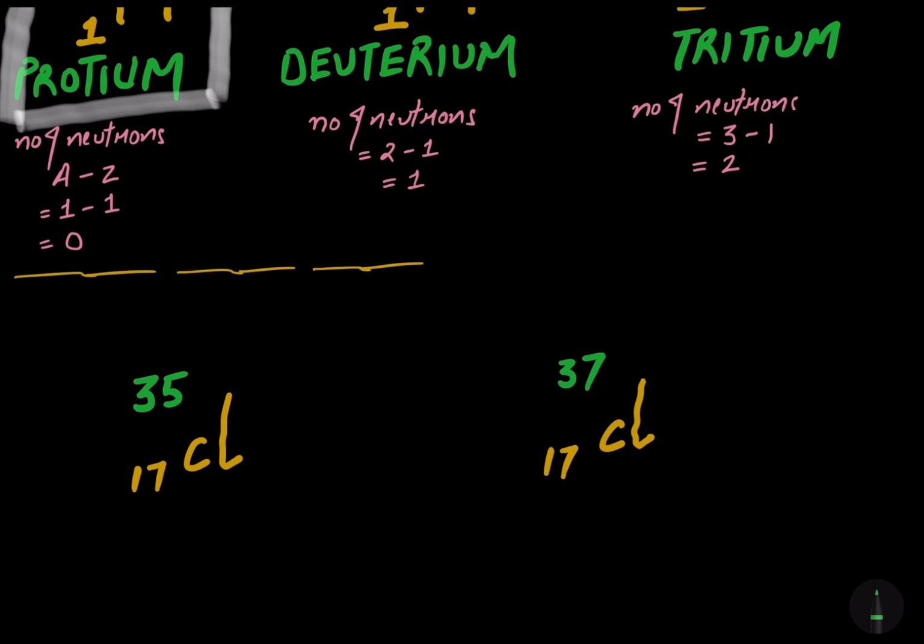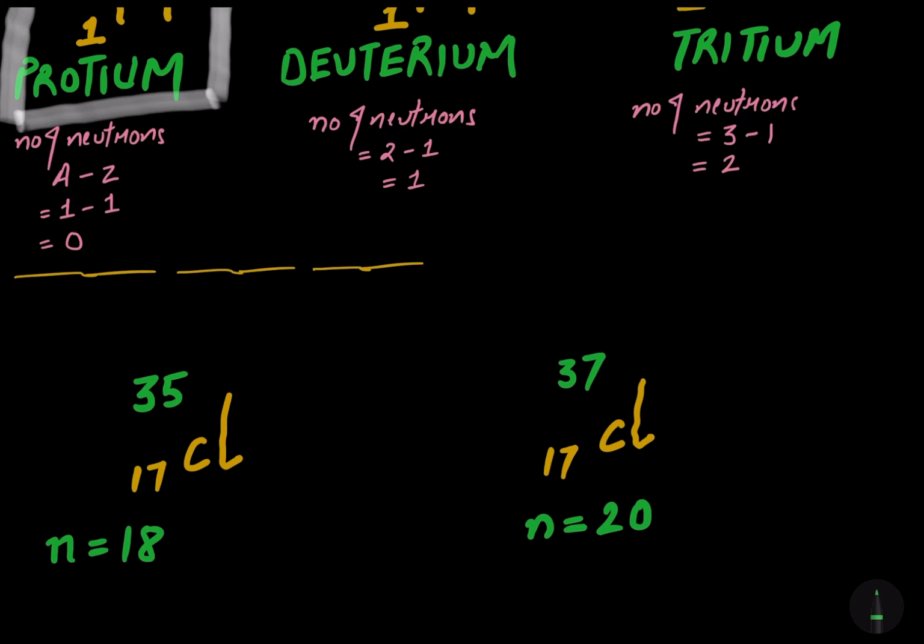The number of neutrons in the first is 35 minus 17, which comes out to be 18, and for the 37 isotope, it is 37 minus 17, which comes out to be 20.